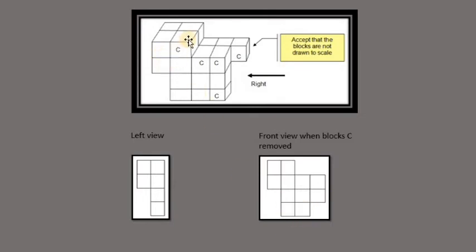The top 2, if we remove this one, we will see that one. That's why it's still 2. Here, if we remove those 2, we will still see the back 2. So it will be 4. This 3, and if we remove this C, we will not be able to see anything else at the back. So it's only those 2. Therefore, 2, 4, 3, 2.